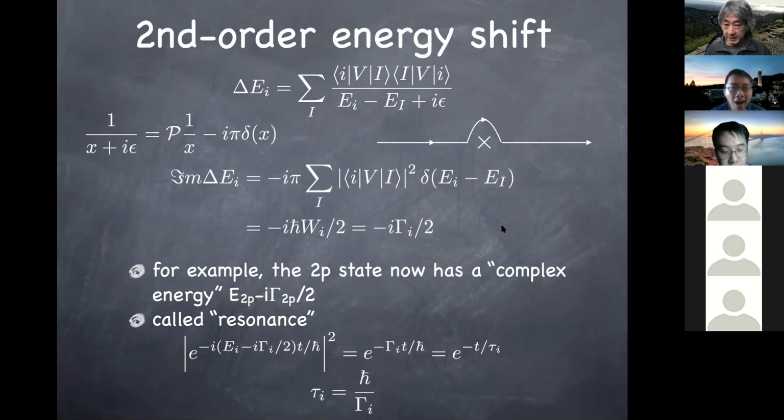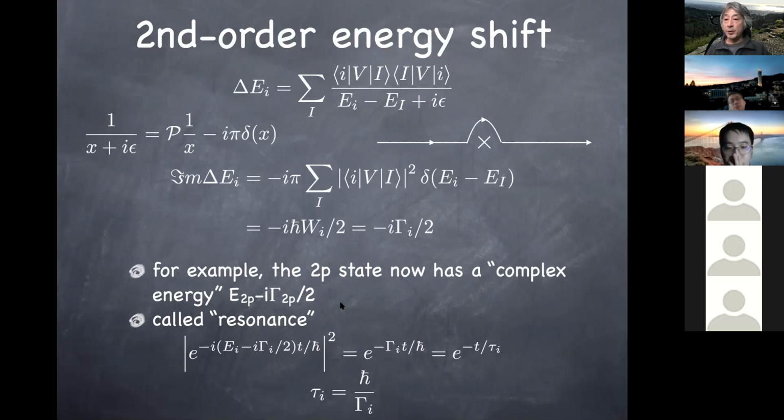What's going on here is that even though the Hamiltonian is real, the eigenvalue is now complex. The reason is that you're looking at a situation where the photon is moving away from the atom as the 2p state decays, and a photon moving away from the atom is not a normalizable state.